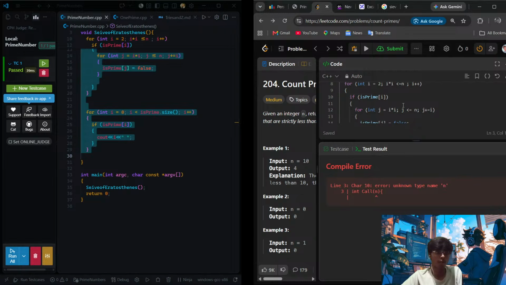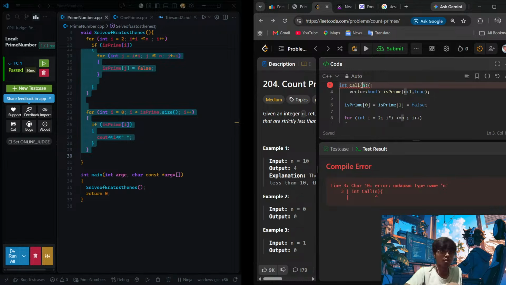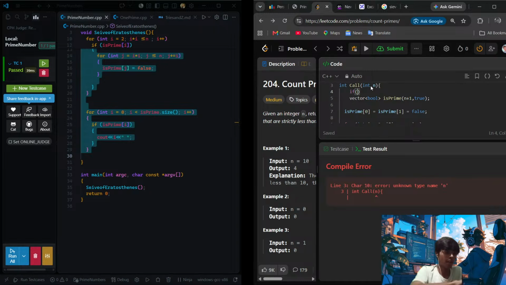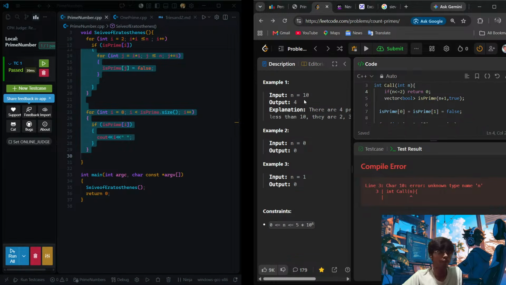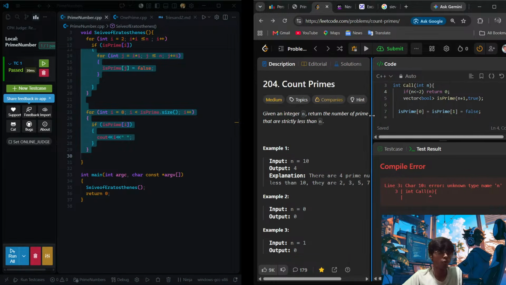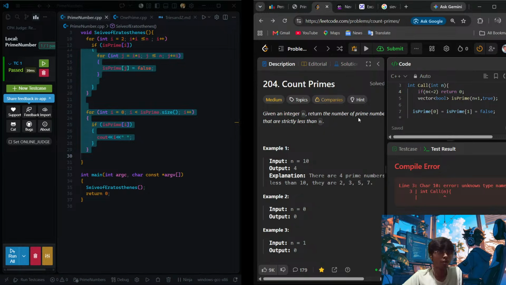So basically, what is n? Where has it been asked here? If n is less than or equal to 2, I have to return 0, because what has been given in the question is that we have to return the number of primes which are strictly less than n.